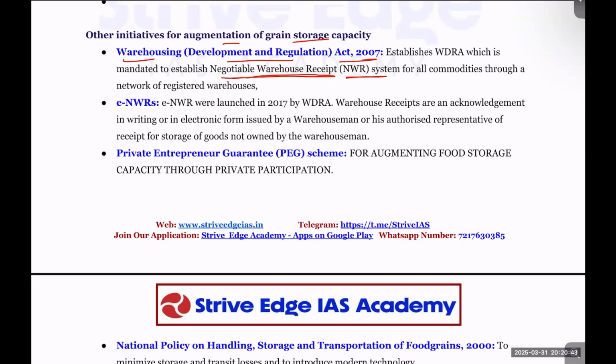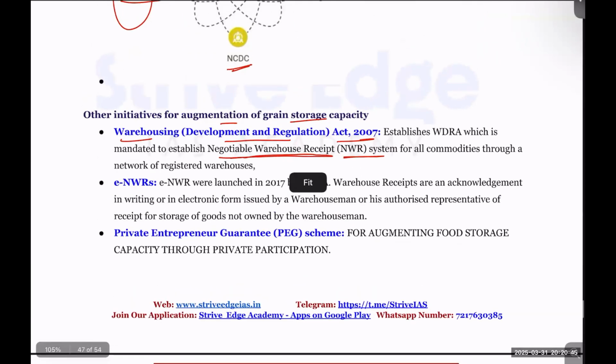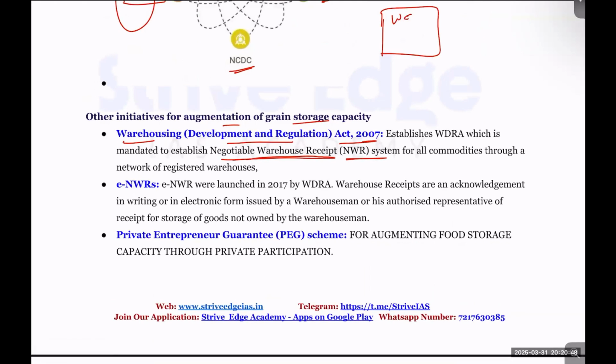So what will be happening is, if a farmer goes to the warehouse and suppose 1 quintal of grain has been deposited by this farmer, then the warehouse will give a negotiable warehouse receipt, NWR, to this farmer saying that 1 quintal has been received. Now this receipt can be taken by this farmer to take loans from banks.